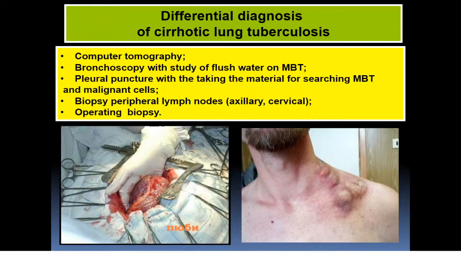For confirmation of tuberculosis with this method of examination, we should find giant Langerhans cells. This is confirmation of TB etiology also. If we have not found Mycobacterium tuberculosis, we can do a biopsy with histological investigation, and if we find giant Langerhans cells, it will be confirmation of TB also.